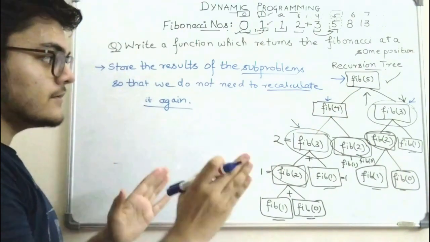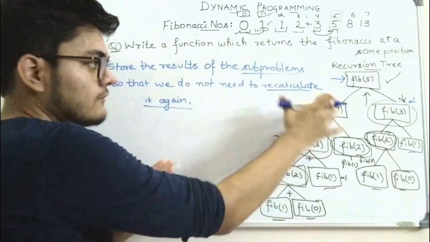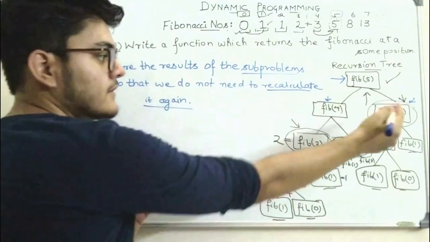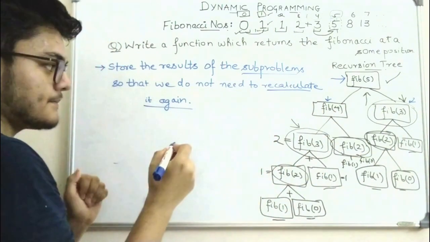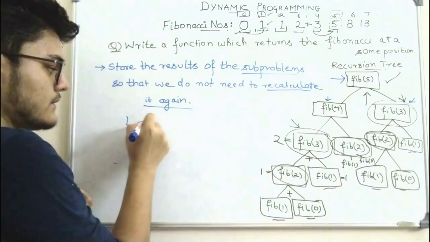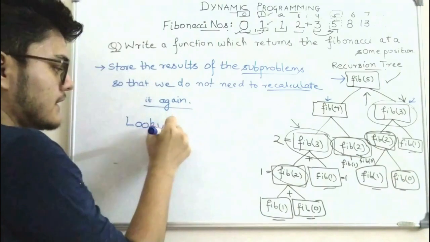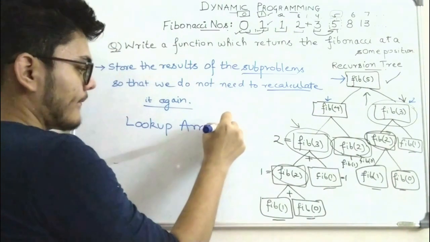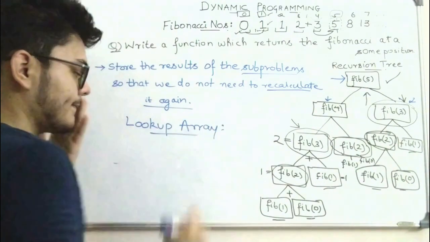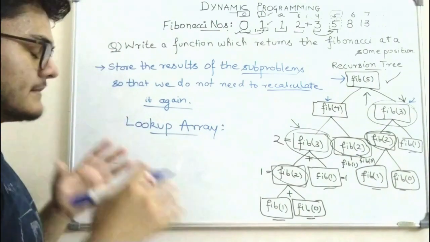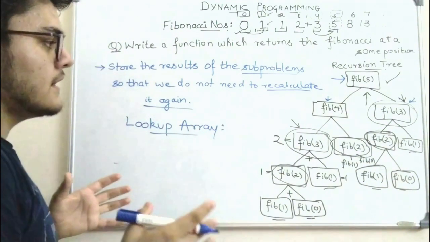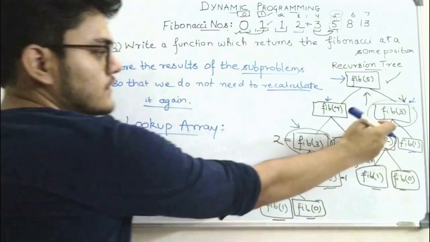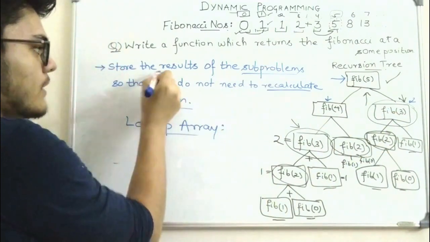So what we are going to do is, whenever we solve a subproblem, we are going to store it in an array, and this array is known as a lookup array. So lookup array is basically a simple array. It is used to store the results of the subproblems.